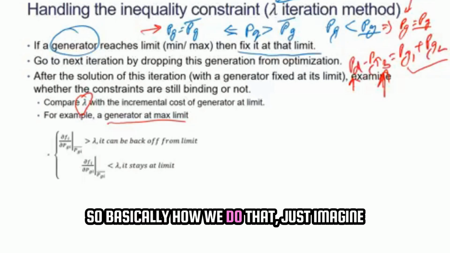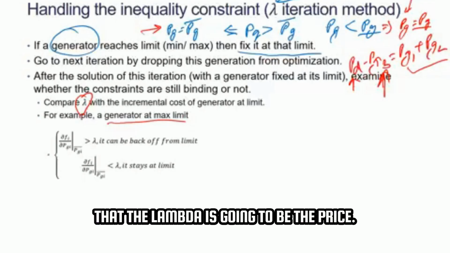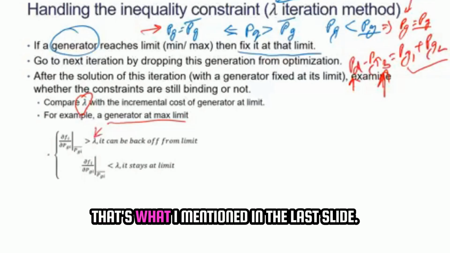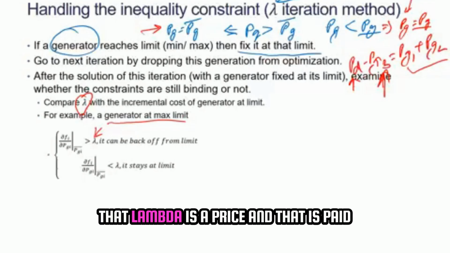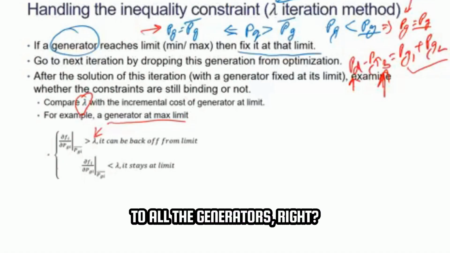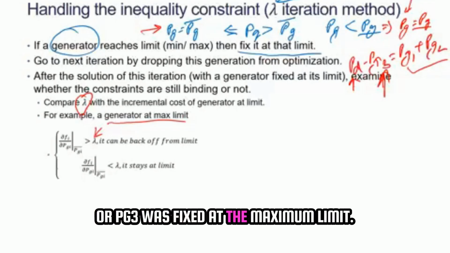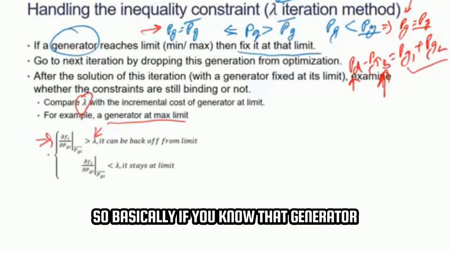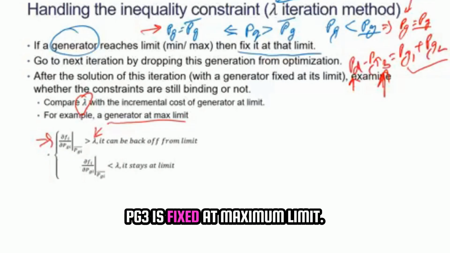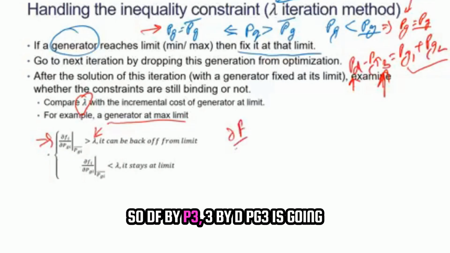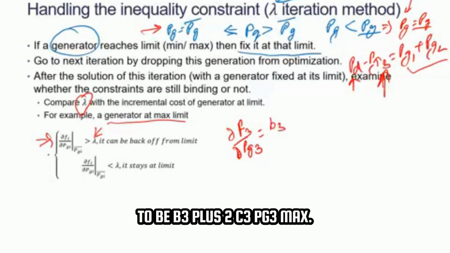Basically, imagine that lambda is going to be the price. That's what I mentioned in the last slide, that lambda is a price that is paid to all the generators, right? Now, let's say generator PG3 was fixed at the maximum limit. Then dF3 by dPG3 is going to be B3 plus 2C3 PG3 max.